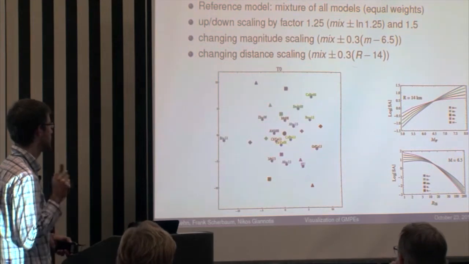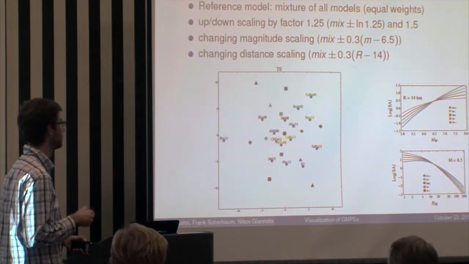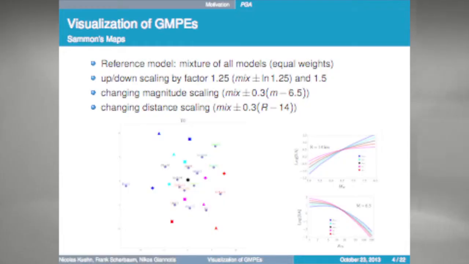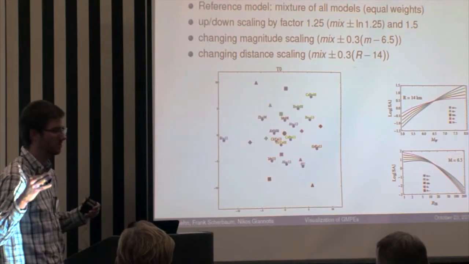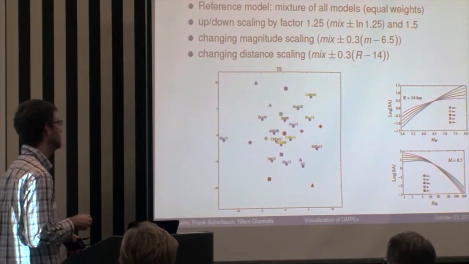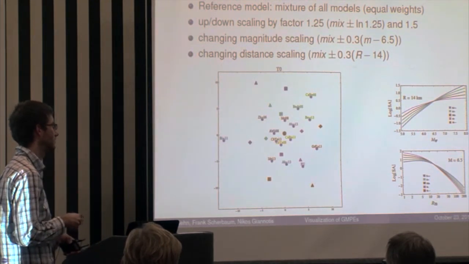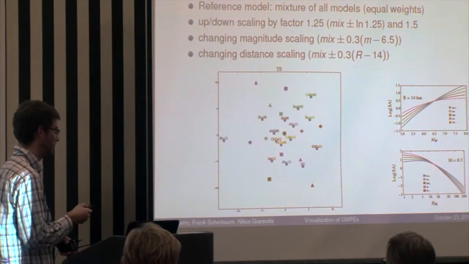Then we plot all the GMPEs on top of that. Most of them are in this range, so they broadly cover the range made up of the extreme scaled reference models, except the Bindi et al. 2011 model, which has this weird distance scaling I'm going to show you.